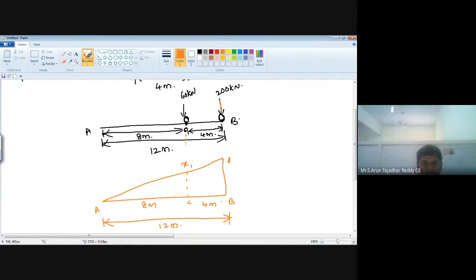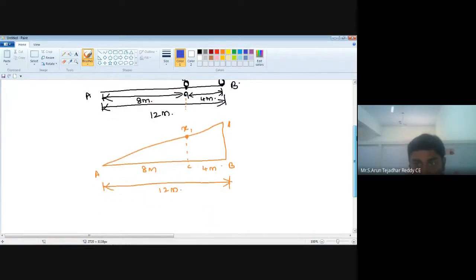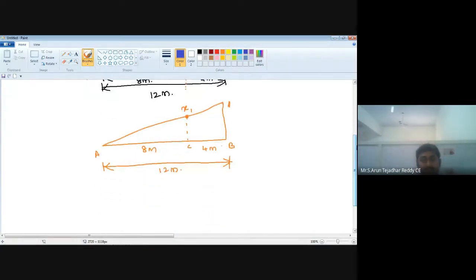Now I need this value. How to calculate that value? See, the concept is the same, that is by applying similar triangles.